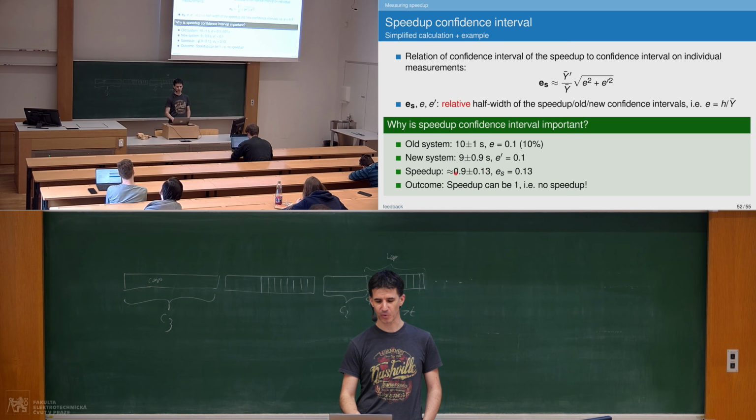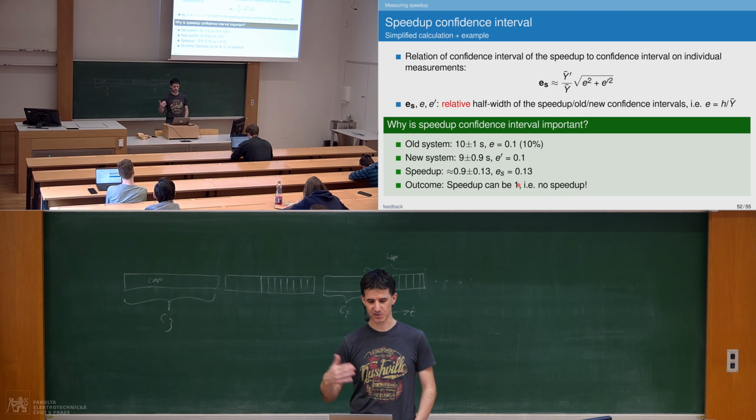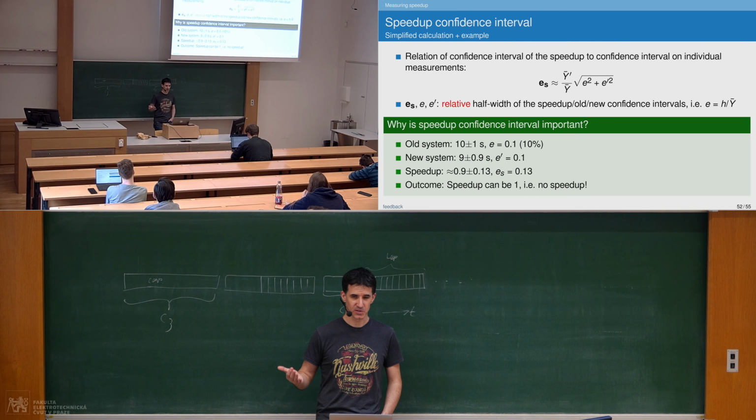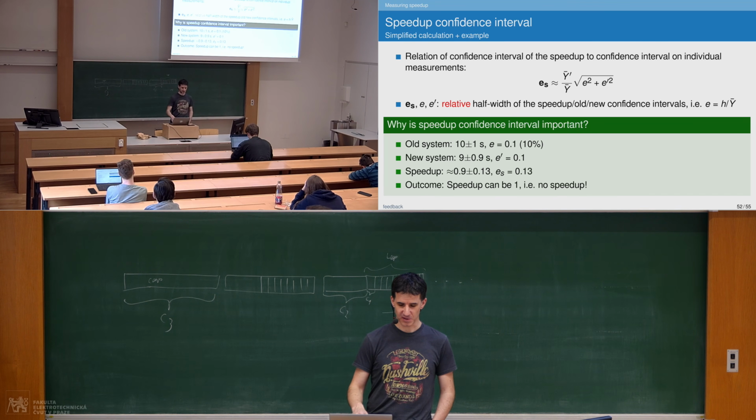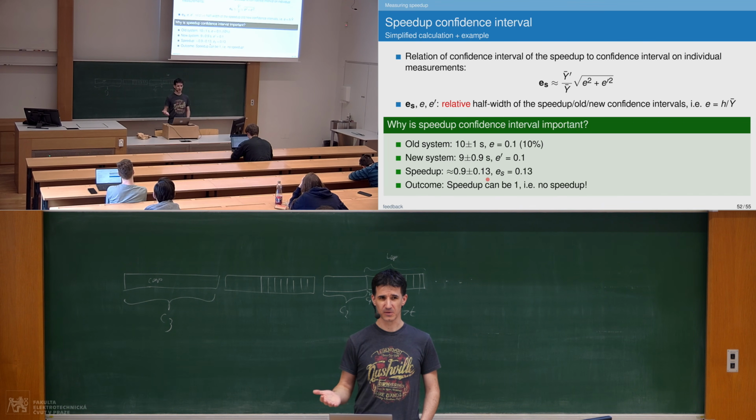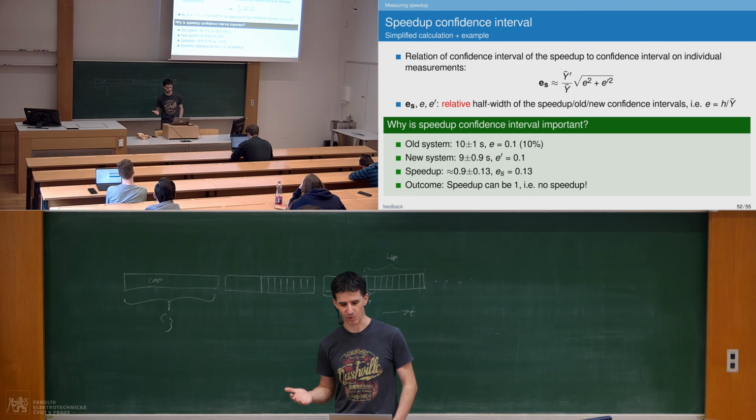So it's not 0.9, but the speed up is just 1. So it means there is no speed up. So if this is our result, we have probably not improved the performance of our program.